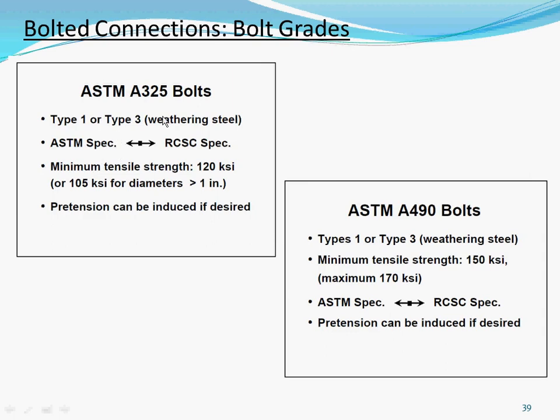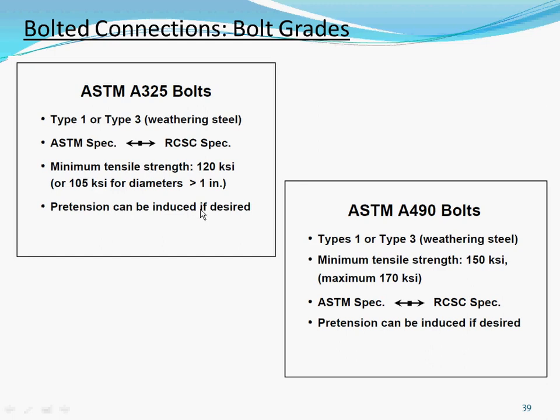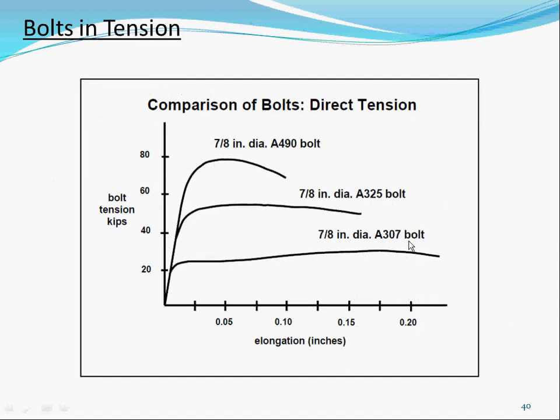That's the A325. Minimum tensile strength 120, 150. Maximum is 170. Pretension can be induced when it's required, so you could pretension both types. The difference between the types of bolts: A307 is a common bolt, so you can see the tension is very low, but it's very ductile.